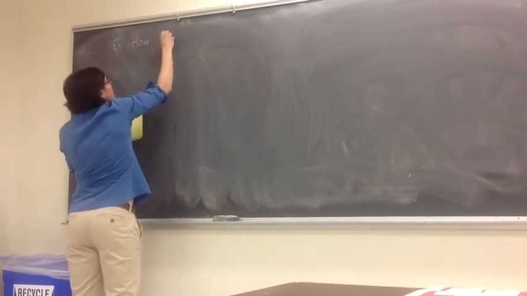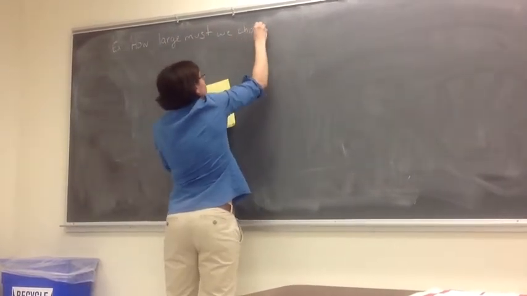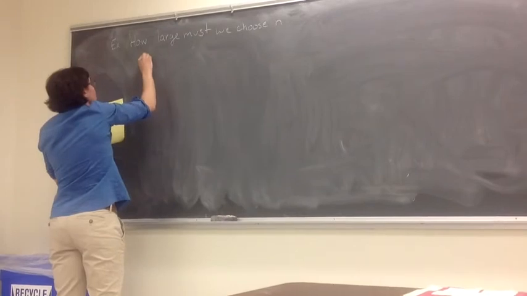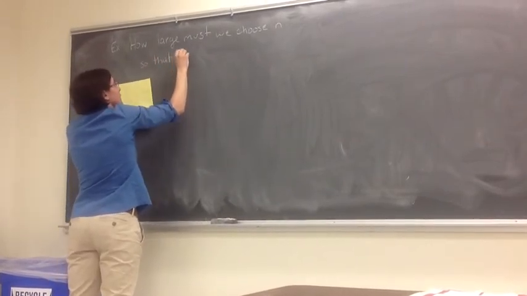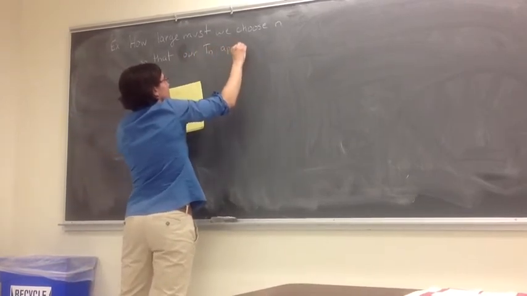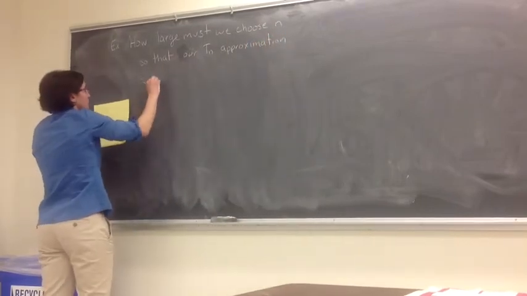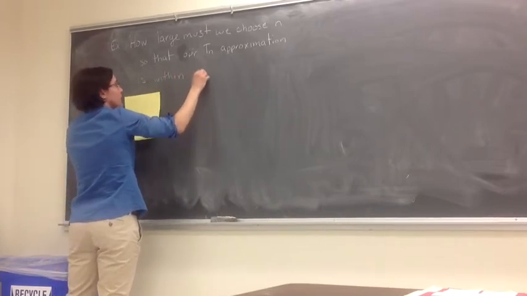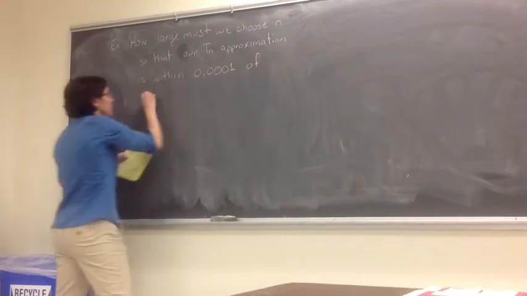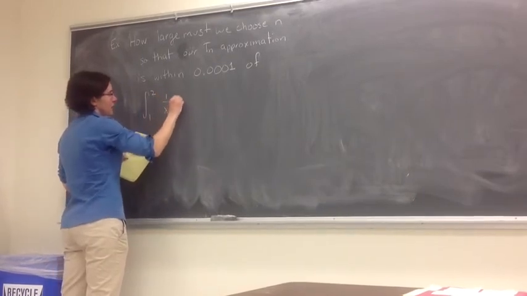How large must we choose n so that our Tn approximation is within 0.0001 of the actual value of the integral from 1 to 2 of 1 over x cubed dx.